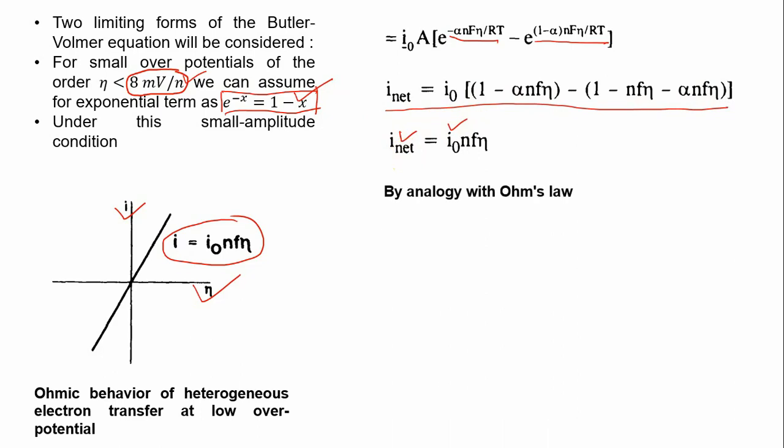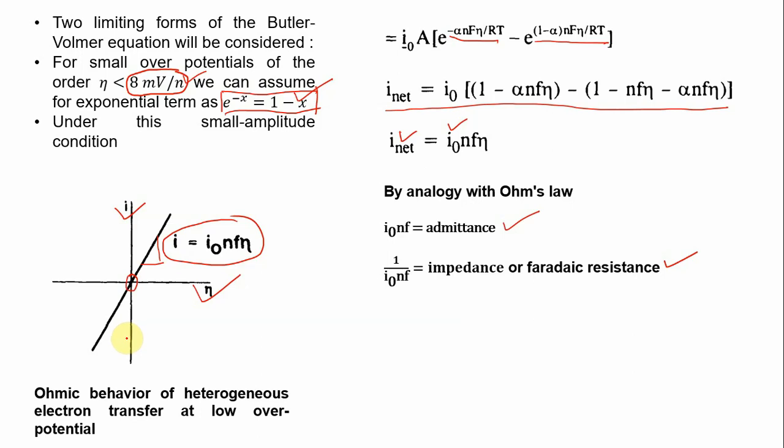By analogy with Ohm's law, we get this admittance, and then we get a very important parameter which is the impedance or Faradic resistance. We can see that this admittance is the slope of this line, and this line is passing through the origin, so it is a linear form.